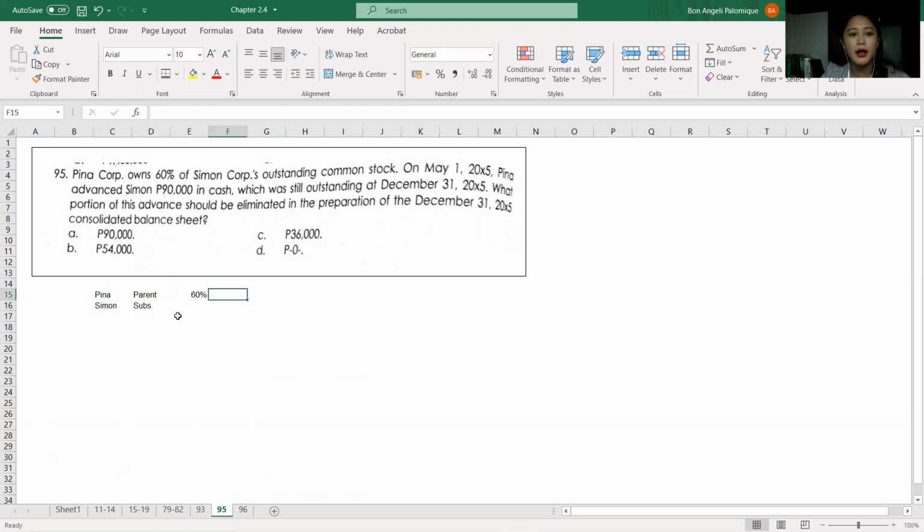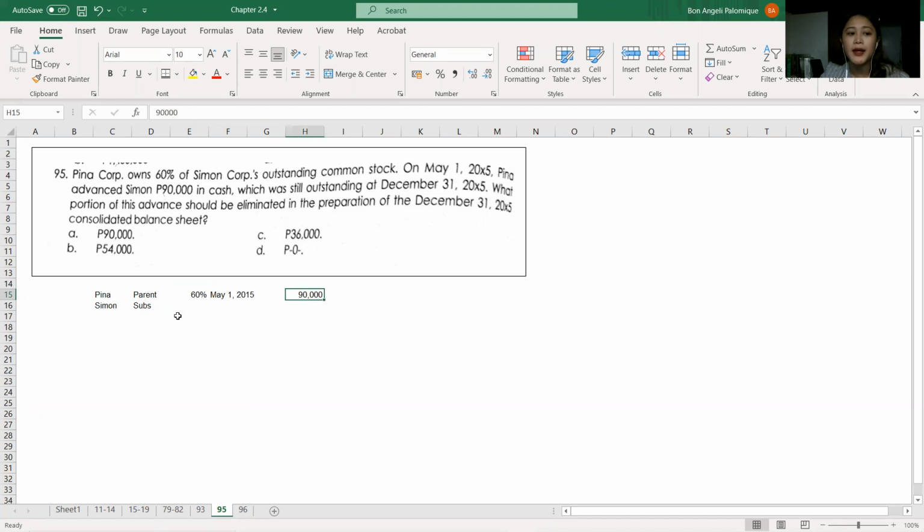Tapos, nag-advance nung May 1. So, kapag may mga date, usually sinusulat ko agad yan para baka kasi may pampagulo dyan or baka may mamisat ka. So, nung May 1, nag-advance si Pina ng 90,000 cash, which was still outstanding as of December 31. Outstanding pa. What portion of this advance should be eliminated?